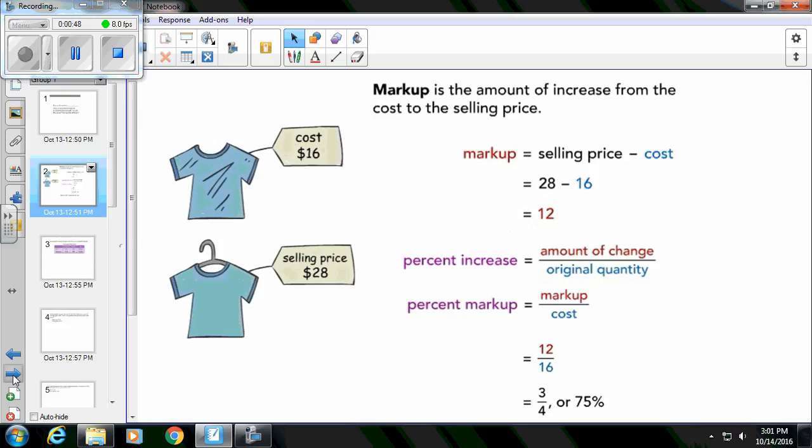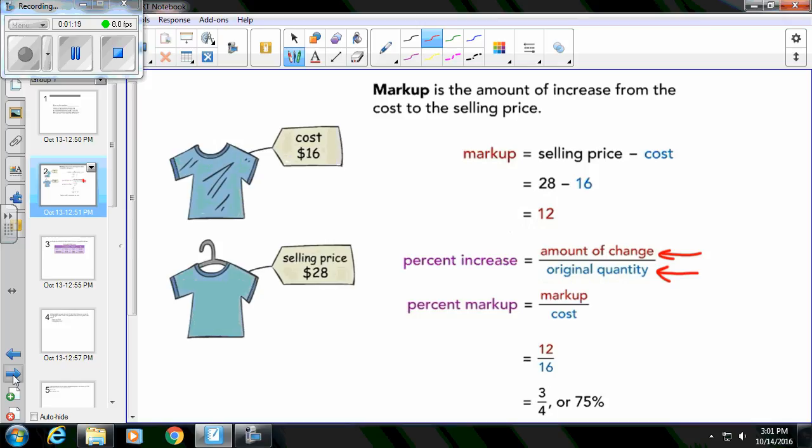So to find our percent increase, remember we did percent increase equals the amount of change over the original quantity. Right now our markup is the amount of change, and the original quantity is the cost that the seller paid to buy the shirt. So instead of the percent increase, it's known as a percent markup.